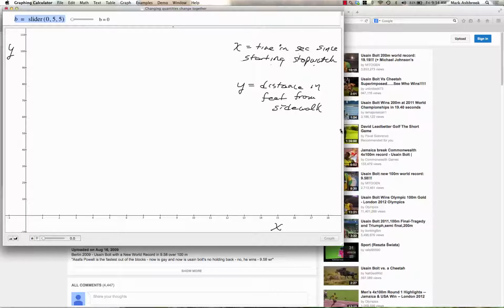And it needs to be a quantity itself, right? So watch out for things like C equals chairs, or S equals students. Those are objects. You need the quantity associated with it. So I've got time and distance quantities, I've got my units, and then I've got my reference points to be specific: since starting the stopwatch, distance from the sidewalk, okay?